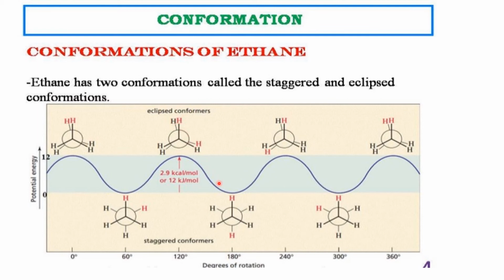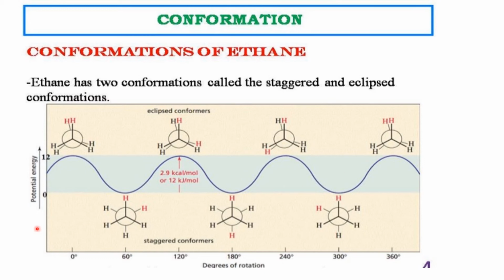Again the rotation occurs, and it moves to another Stargate conformation where the dihedral angle is 180. Why is the dihedral angle 180 here? Because the first hydrogen atom of the first carbon atom and the first hydrogen atom of the second carbon atom are exactly opposite to each other. That is why the angle becomes 180 degree. Again it converts to the eclipsed form, then the Stargate form, finally to the eclipsed form.